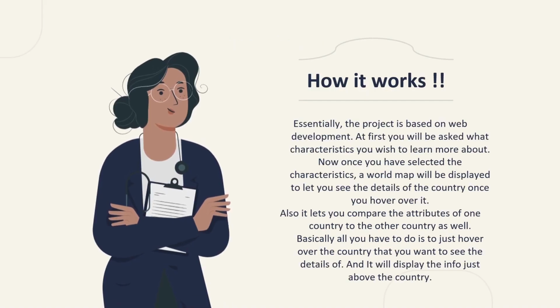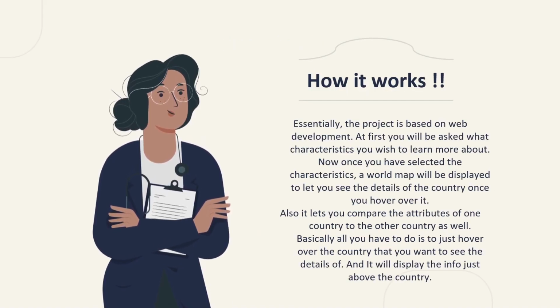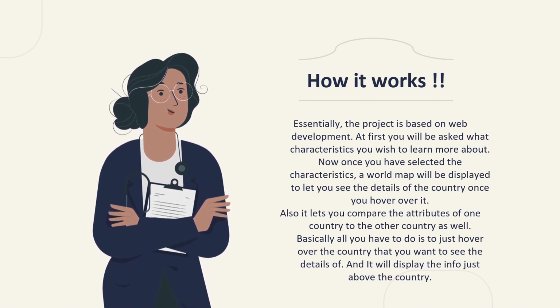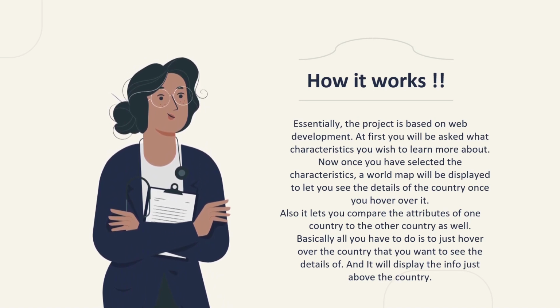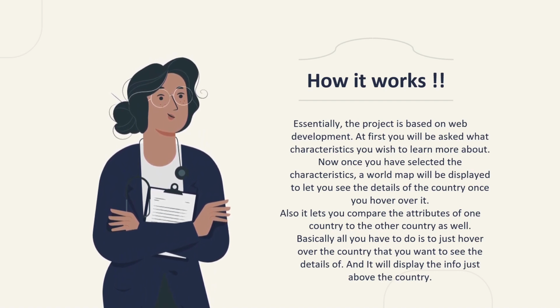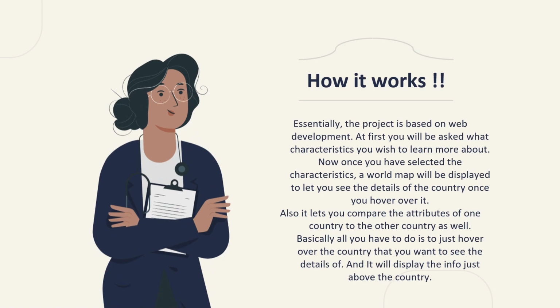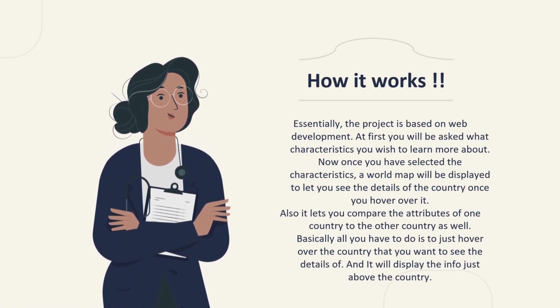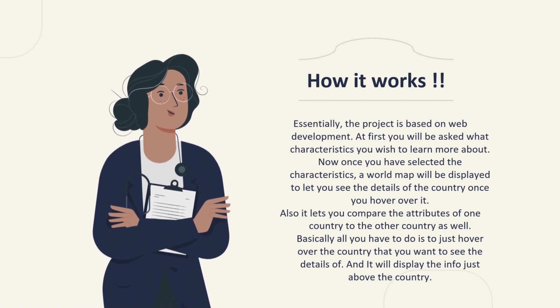Our project is based on web development. At first, you have to select the characteristic that you wish to learn about. Once you have selected it, you click on it and you get the link to the map itself. Now, all you have to do is hover over the country and you will get the data for that country.